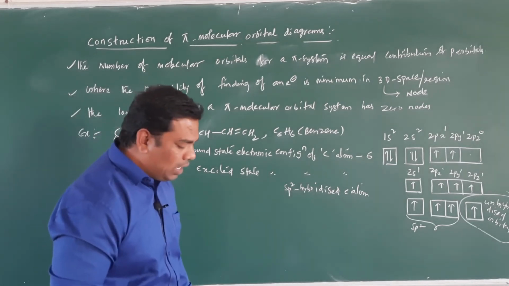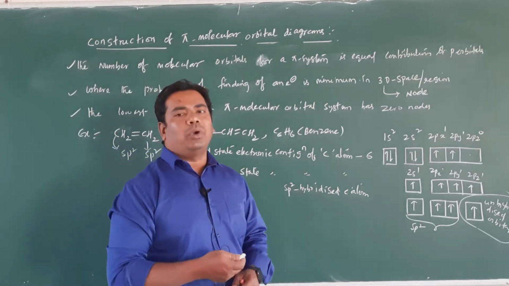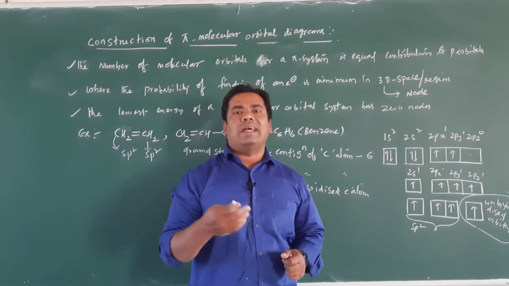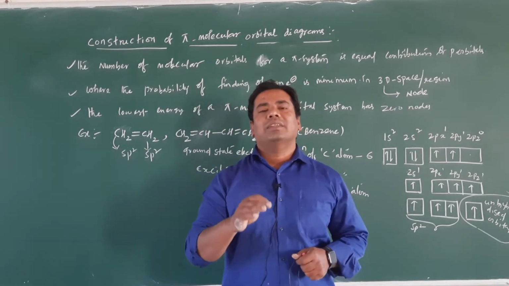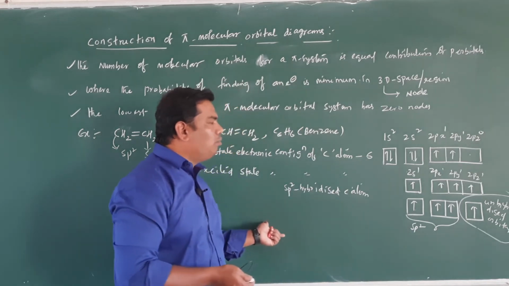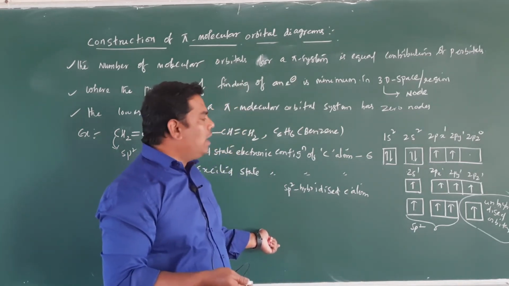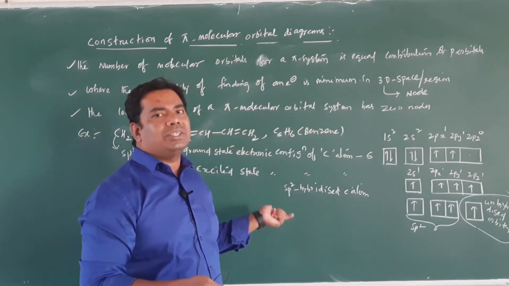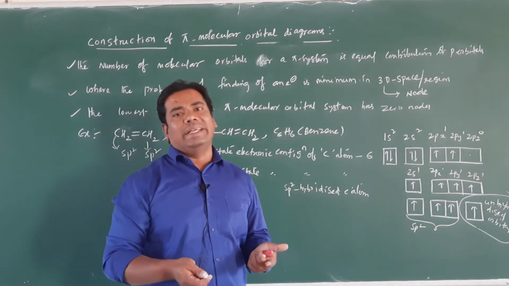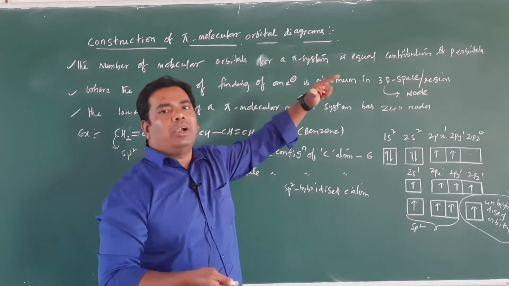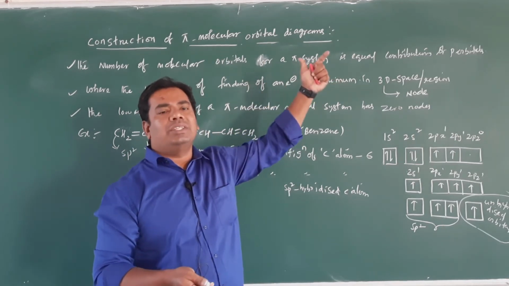And one more important point, student. Generally, the number of bonding interactions is more in a lower energy level. As the number of bonding interactions decreases, the potential energy increases. So if there is no bonding interaction, that is a higher energy state.